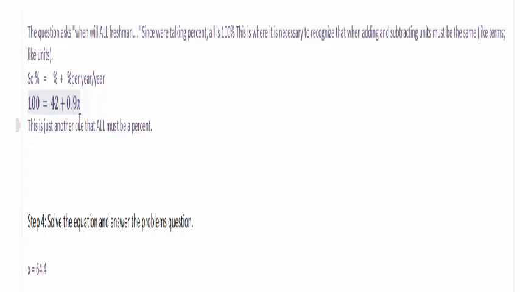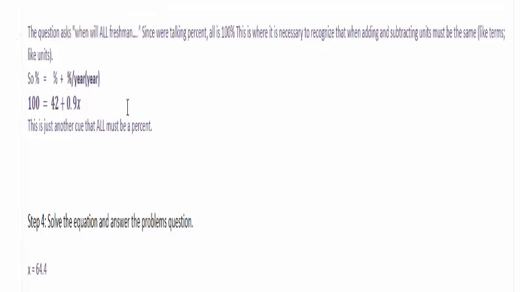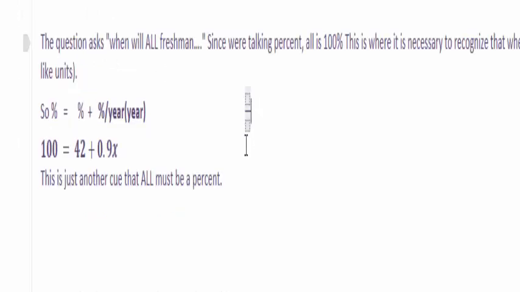And I can double check to make sure that's okay by looking at my units. 100 was a percent, 42 was a percent, 0.9 was a percent per year, which means divided by year, and then x represents the number of years. So we're going to turn it into an equation.